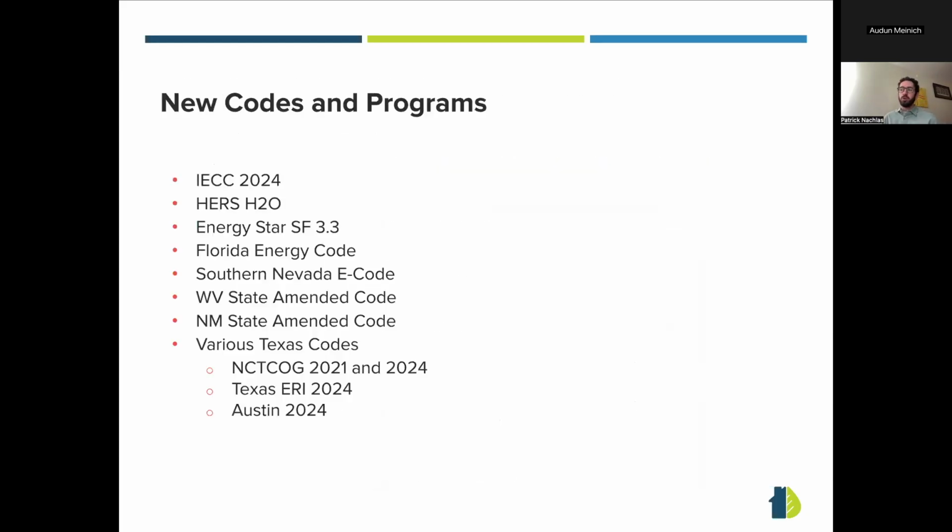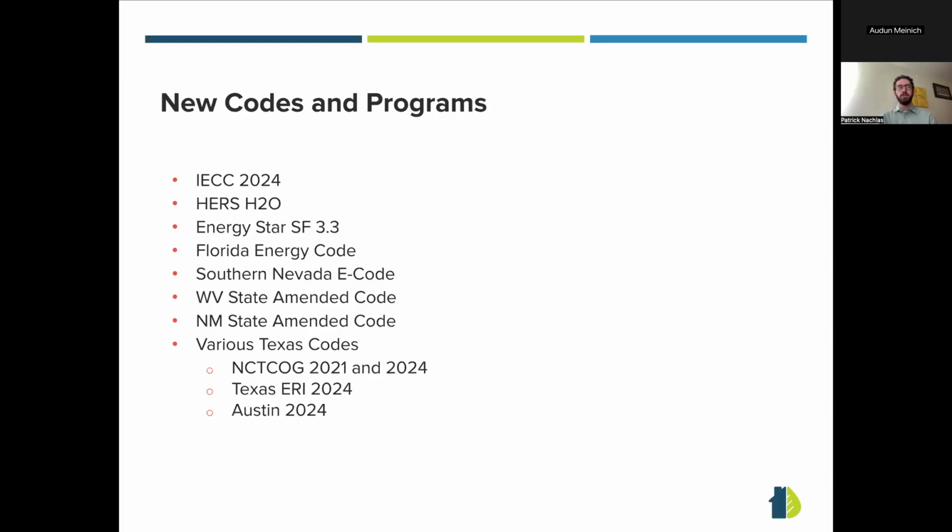Some of the new energy codes and programs we supported in 2025: we launched IECC 2024, HERS H2O, Energy Star Single Family 3.3, and then energy codes in Florida, Southern Nevada, West Virginia, New Mexico, and several codes in Texas. This year, I think we've already released Alabama in beta, and I believe the new Massachusetts Energy Code was just released in beta.